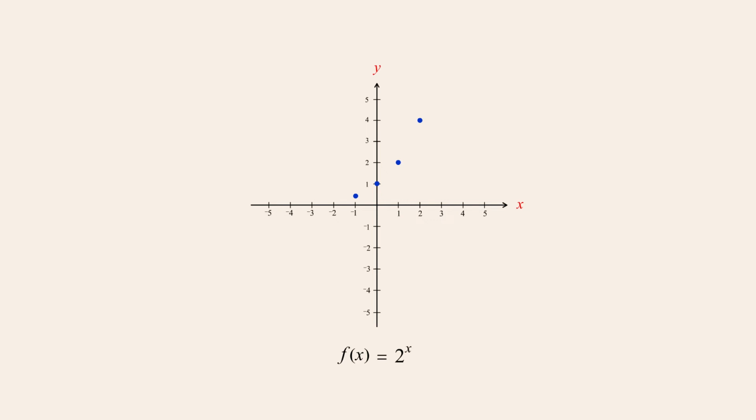Likewise, 2 with an exponent of negative 2 is 1 over 2 squared, or 1/4. 2 with an exponent of negative 3 is 1 over 2 cubed, or 1/8. And so on.